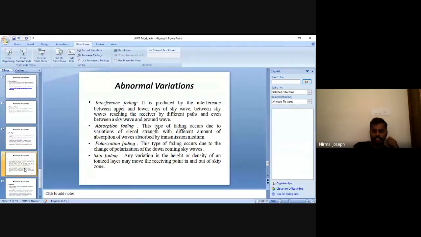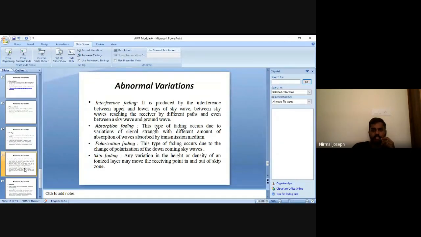Like in the skip distance portion, I have shown you that, with respect to the angle of incidence, the wave will travel at different heights. So there can be an upper ray and a lower ray. Likewise, those rays can reach the receiver through different paths based on the angle of incidence.